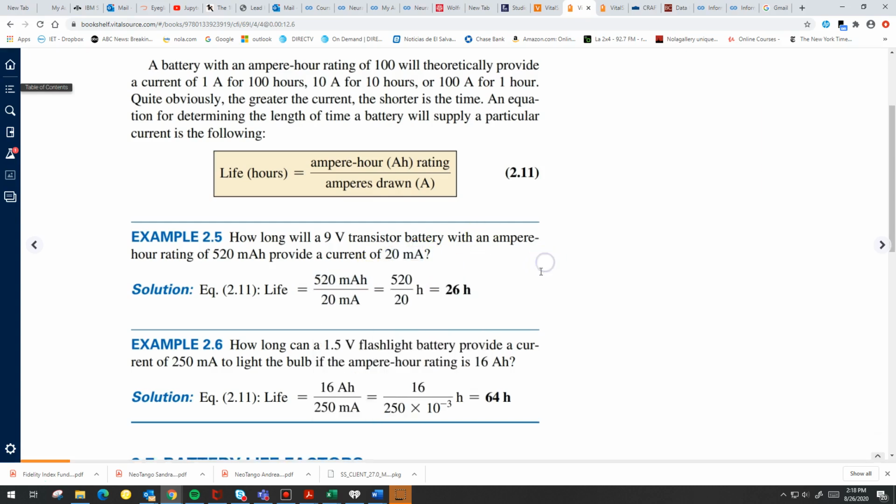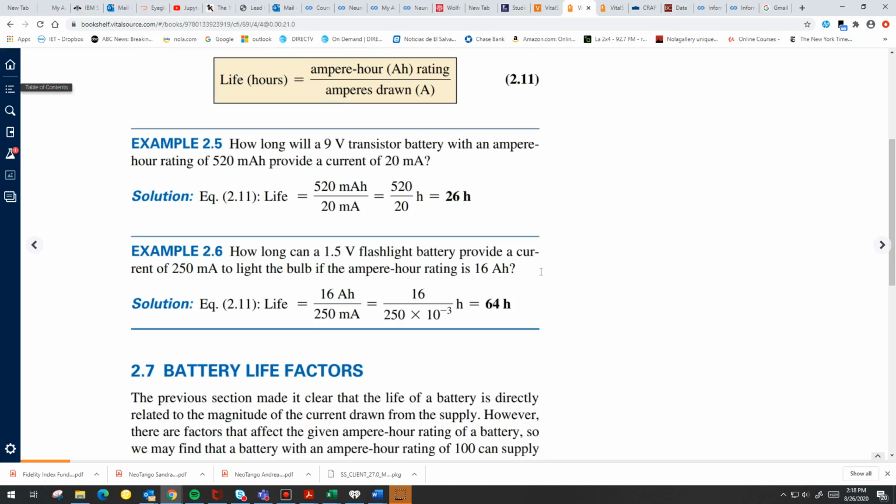Okay. Another example says, how long can a 1.5 volt flashlight battery provide a current of 250 milliamps to light the bulb if the ampere hour rating is 16 amp hours? Again, we're looking for how long, how many hours. Well, in this case, this battery is rated as 16 amp hours.